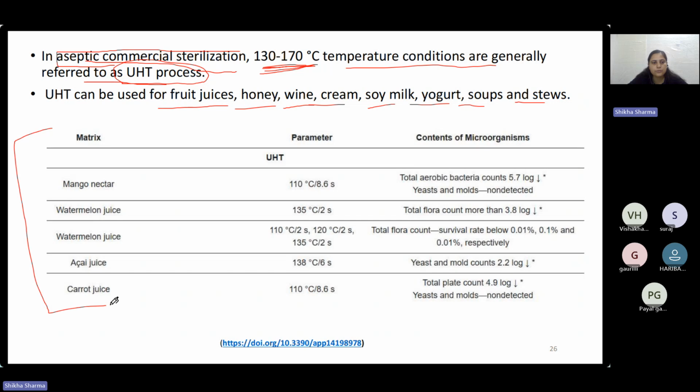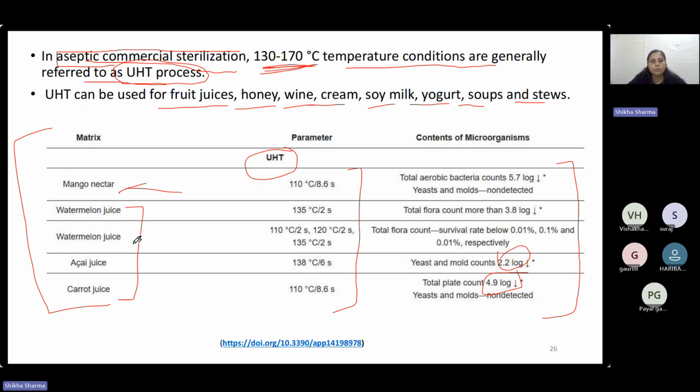This table has different examples, like these four fruits, and mango nectar is also there. UHT treatment is applied, and the bacterial count is reduced, like a 4.9 log reduction, or a 2.2 log reduction of yeast and mold.